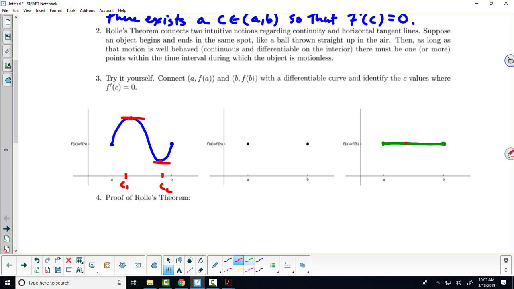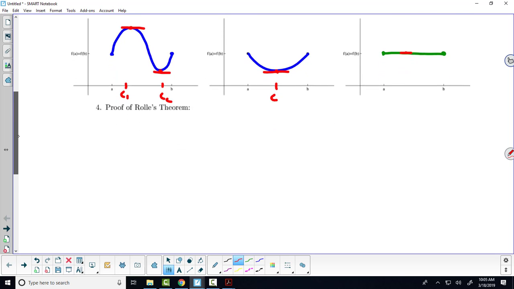If you've got a constant, then of course everywhere you have a horizontal tangent line. And then as a third example, maybe we'll go down like this, and sure enough, at this c value right here, we have a horizontal tangent line.